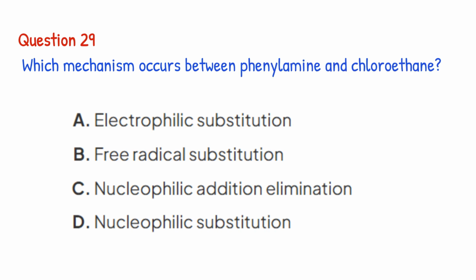Which mechanism occurs between phenylamine and chloroethane? The correct answer is B.